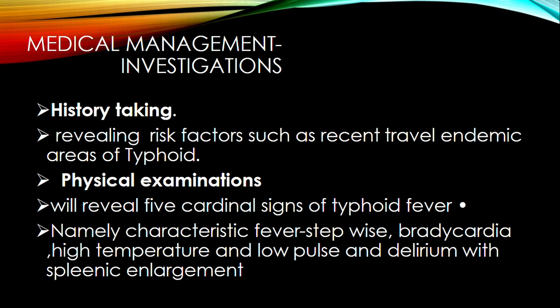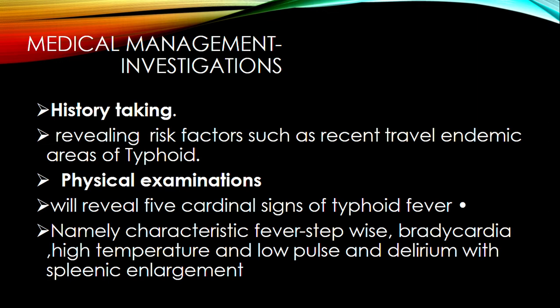So first and foremost, we have to do history taking. History taking will help us to know if the patient is at risk of having typhoid fever, such as the age of the patient or the patient traveling to an endemic area where there is typhoid fever.